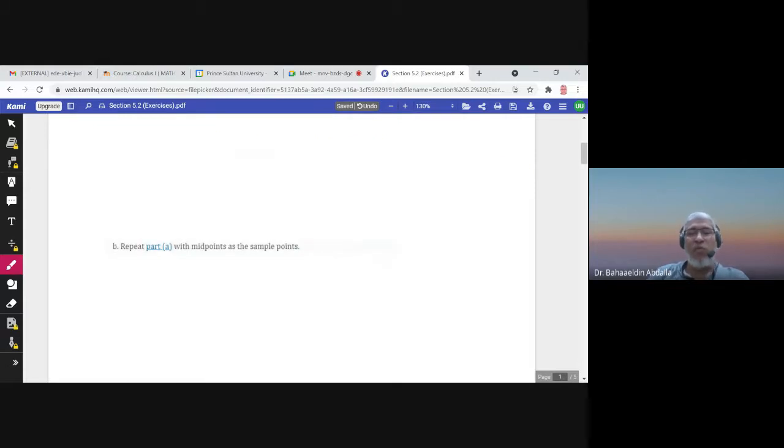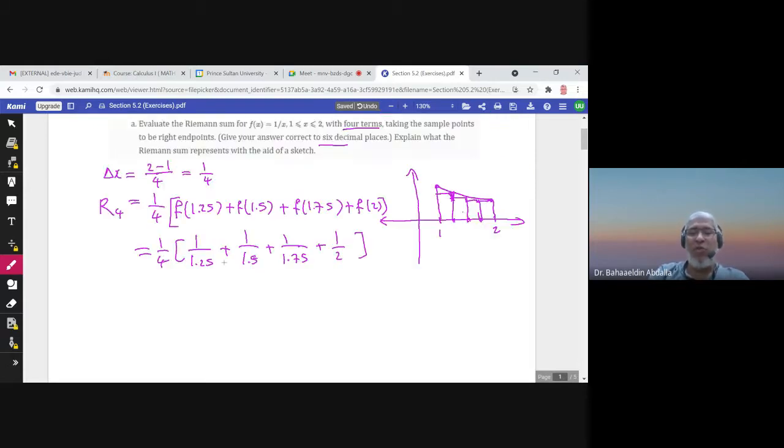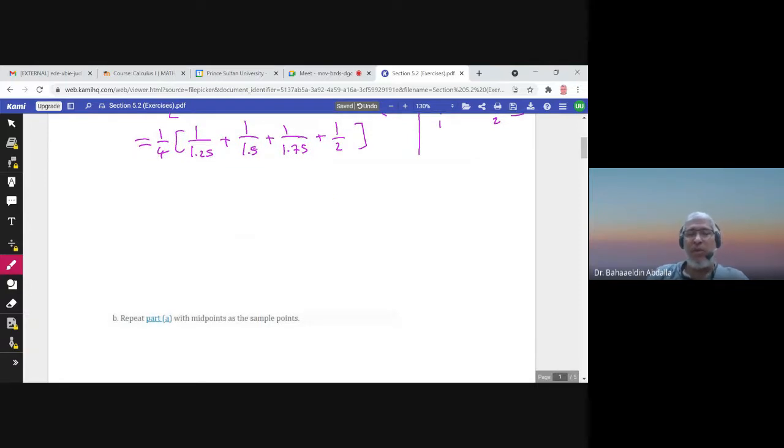Now, repeat part A with midpoints as the sample points. Well, in this case, if this is 1 and this is 2, 1 here and half here, this is a curve and this is the region. Okay. Now we will divide into 4 rectangles, but we will use the midpoint to draw the rectangle.